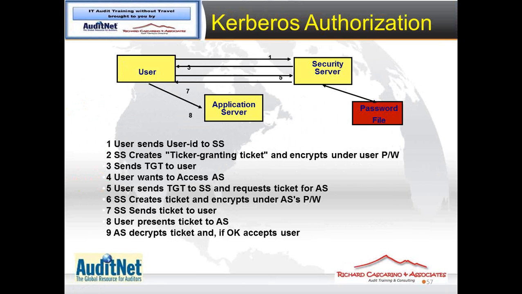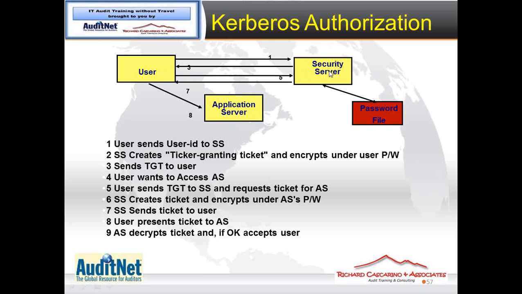You don't want everyone to access, but you don't necessarily know all of the users out there in every country in the world. You pay a security server to do it for you rather. So you have an application server. When a user wants to talk to you, they will ask the security server. They will put their password in, send their user ID.